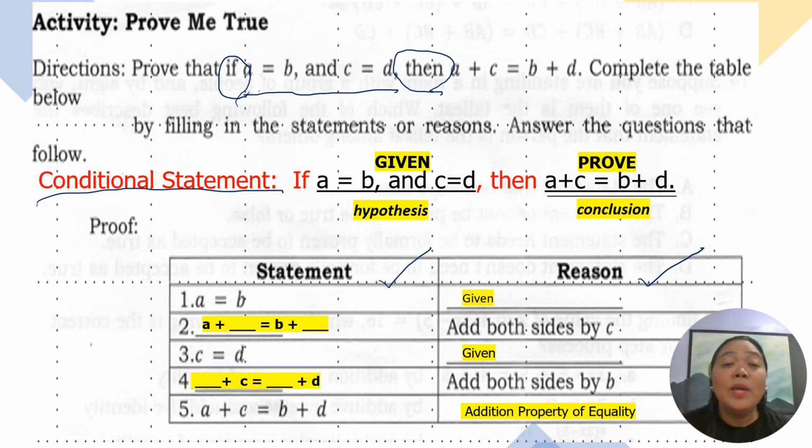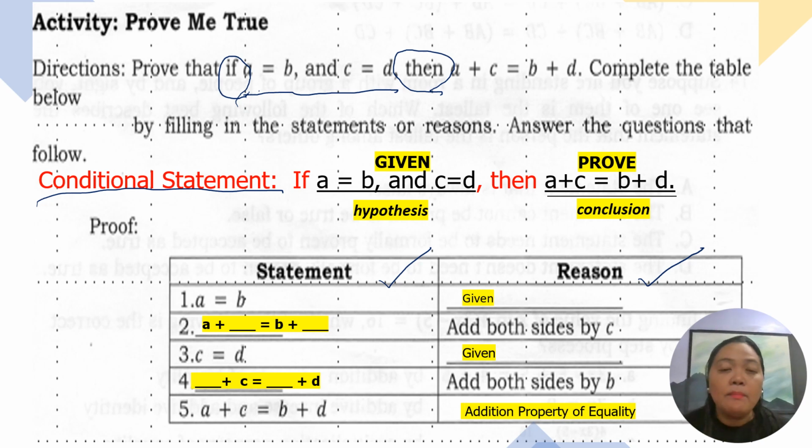That's right, it is given, because it is there in our if statement. So we have already statement number 1 and its valid reason.